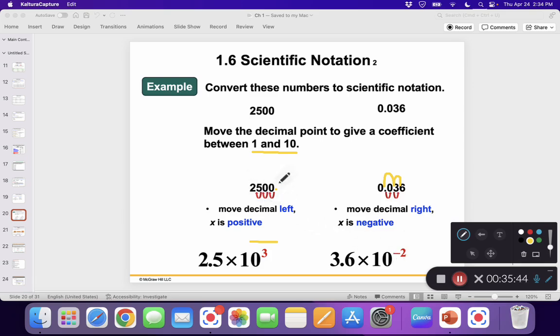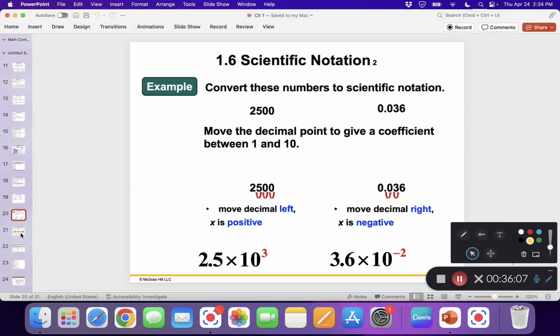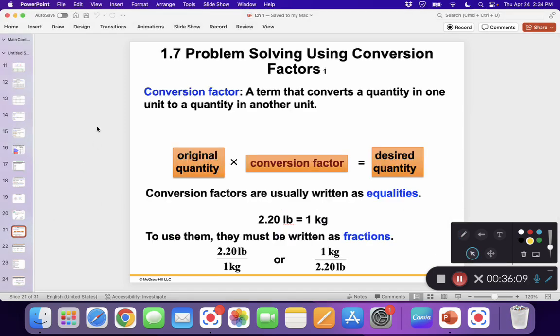If the number is greater than 1, meaning a very large number, then it has to be a positive power. Okay, I hope that explanation helps you remember this. And now let's dive into utilizing the significant figure rule in the problem given.